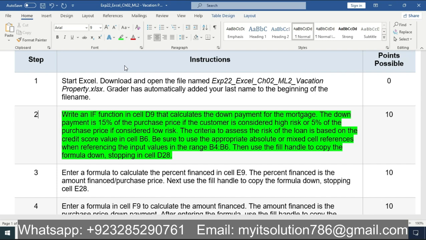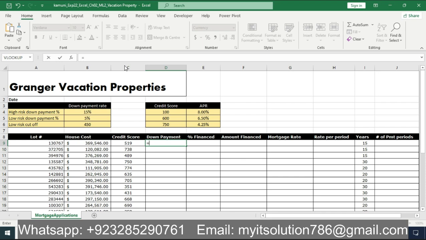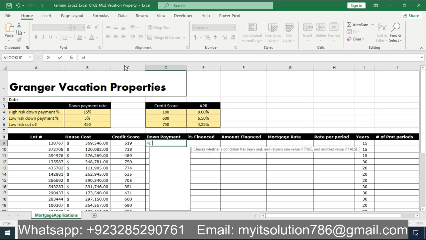So in the second step it is saying to insert an IF function in cell D9. So we go on our Excel worksheet. In D9 we find the down payment for this project. So put is equal to and the IF function.